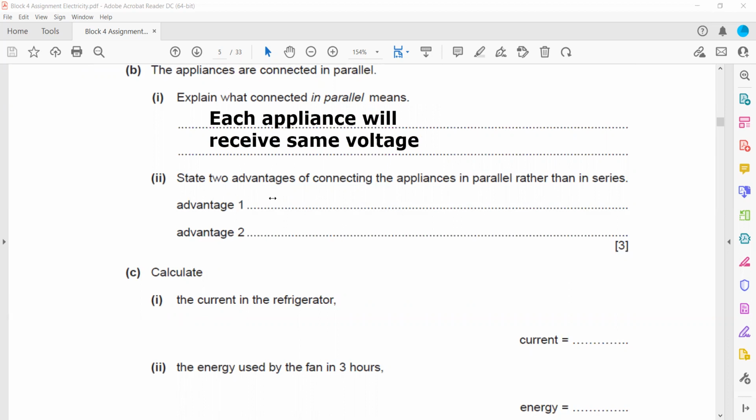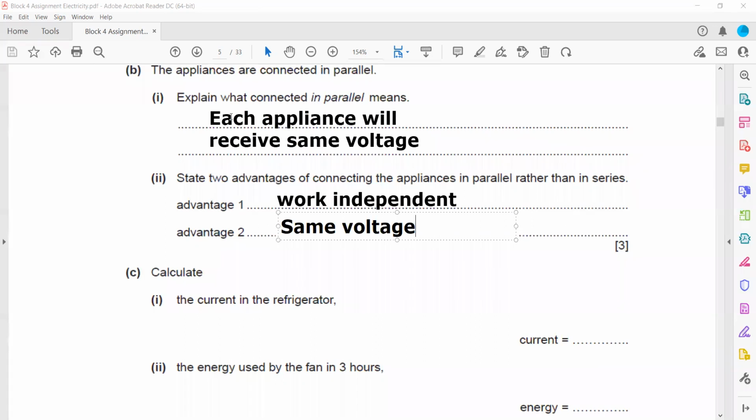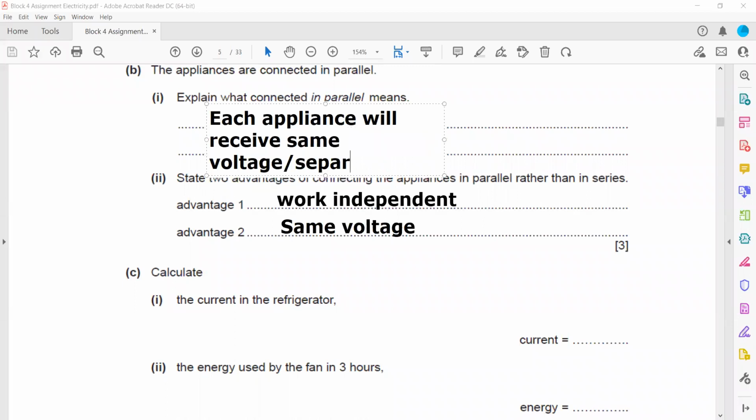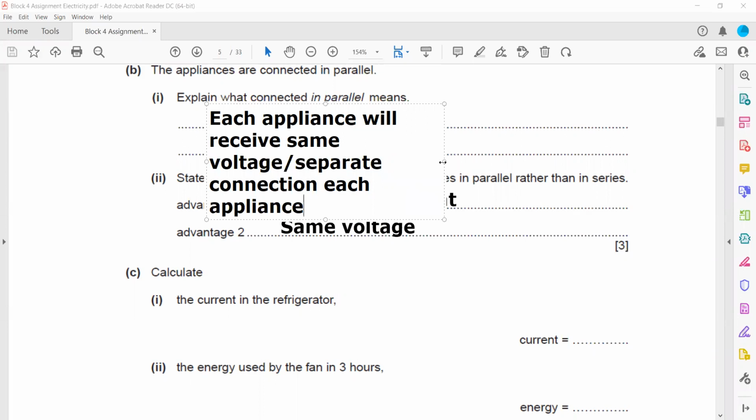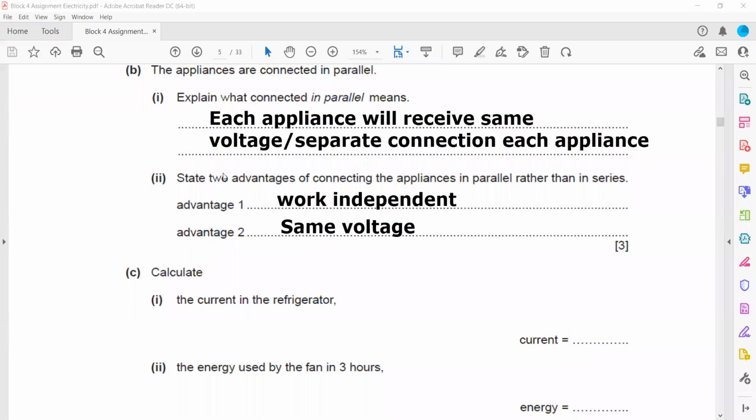Number one, they will work independently. And number two, they will have the same voltage. Here you can also mention that connecting in parallel means each appliance receives the same voltage, or there is a separate connection for each appliance. So this is the definition of how we explain the parallel circuit.